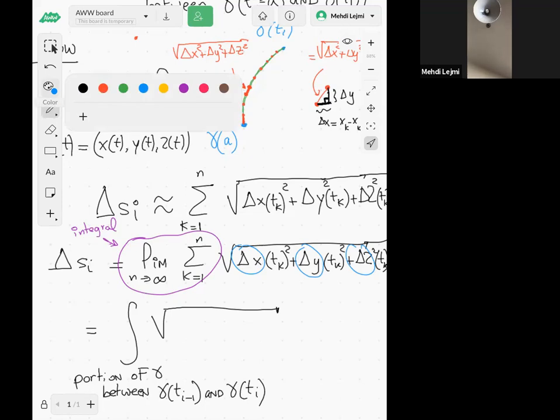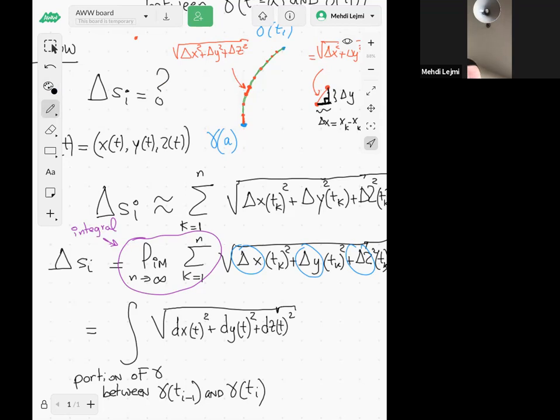So this is actually dx of t squared plus dy of t squared plus dz of t squared. Again, delta x goes to dx when n goes to infinity, delta y becomes dy, and delta z becomes dz. All right.